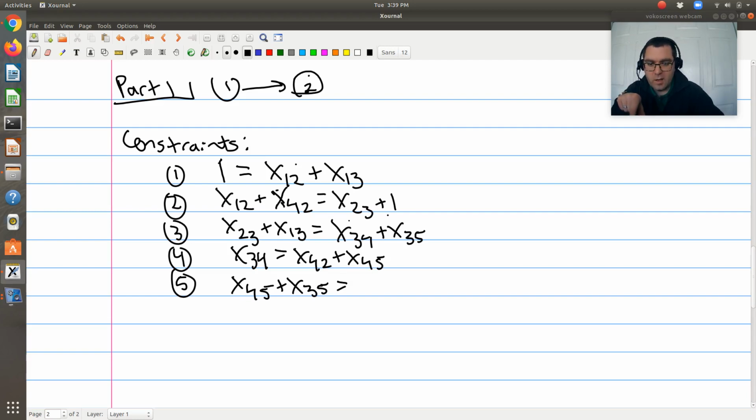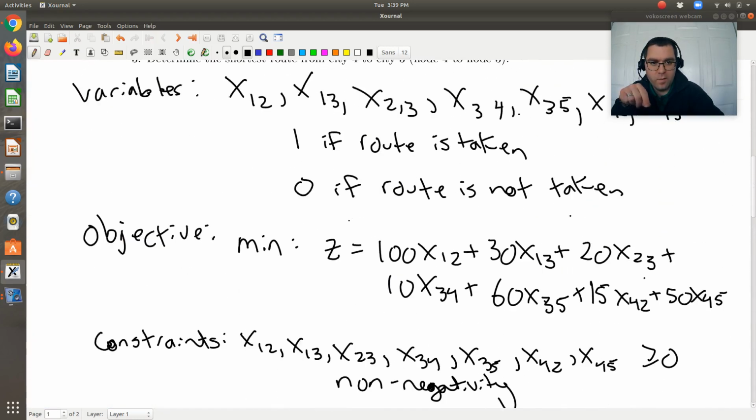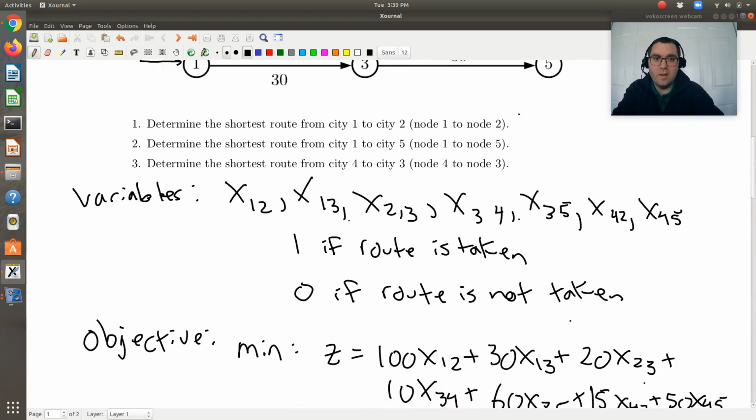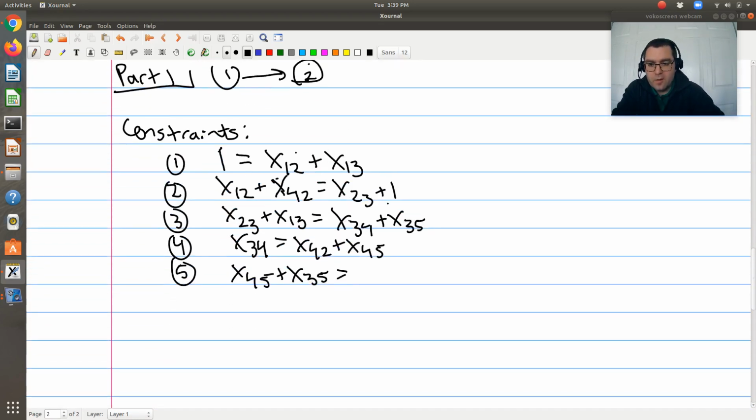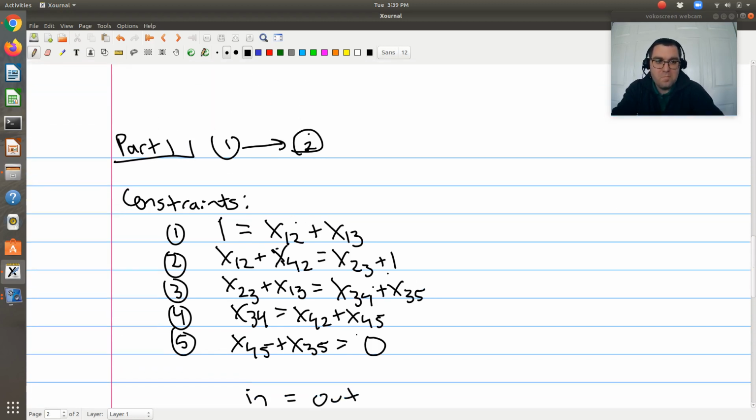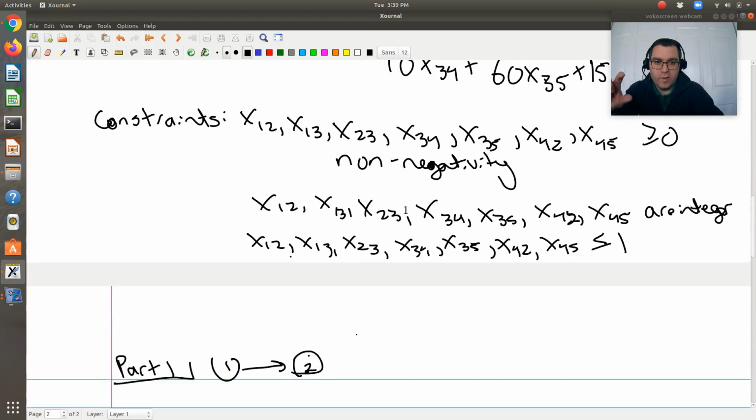So what's coming in? x45 and x35. And then nothing's exiting, so that'll be equal to 0. All right, so it's this general form of in is equal to out. Okay, cool. So for part 1, there's our additional constraints.